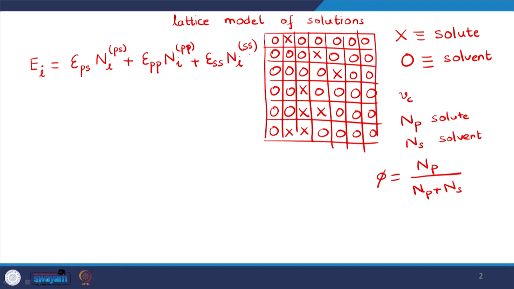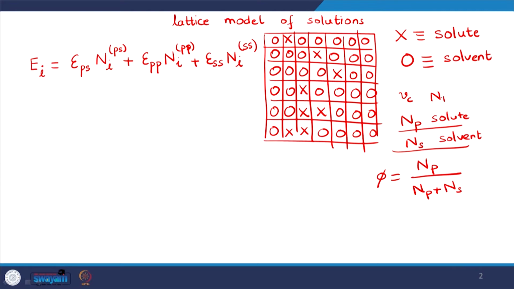And clearly we can have many configurations which refer here to the different positions of the solute and solvent molecules. The total number of molecules are fixed. You can say N tot is Np plus Ns, and since the volumes are the same, the total volume is simply N tot multiplied by Vc.